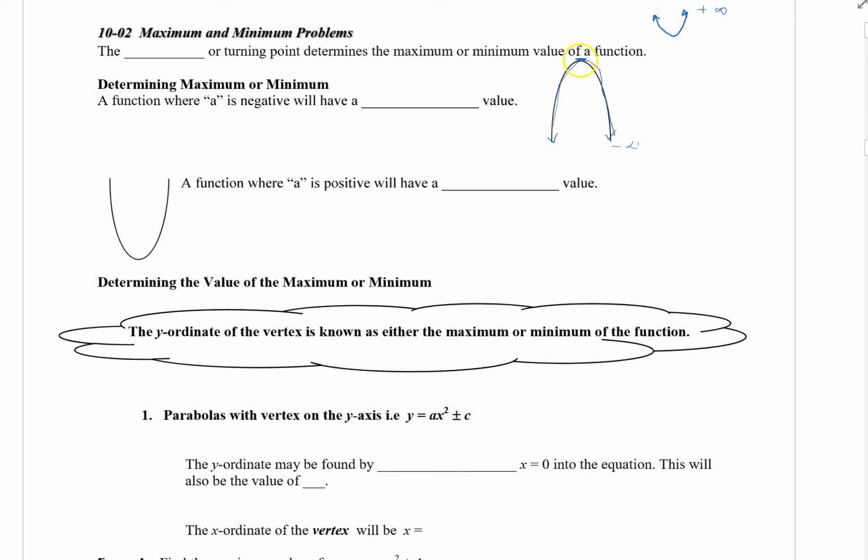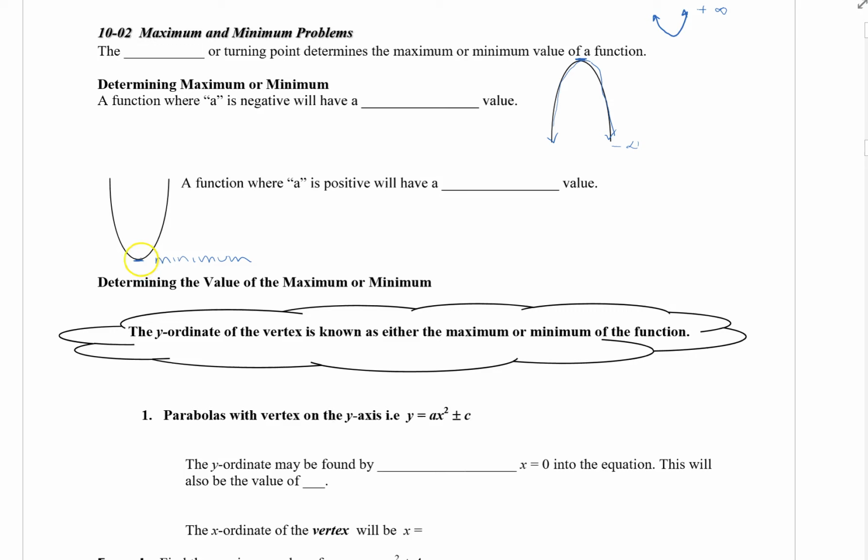So we've got a maximum, and on this one here, we've got a minimum, because our understanding of the word minimum is how far down it goes, the smallest value for y.